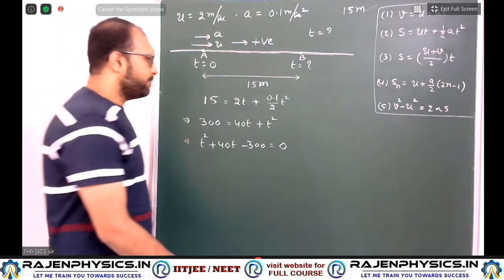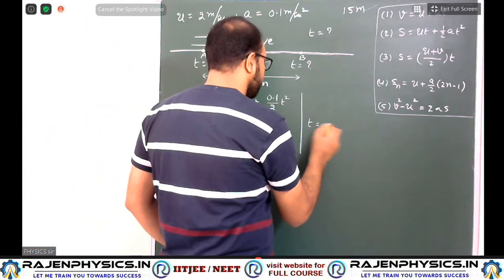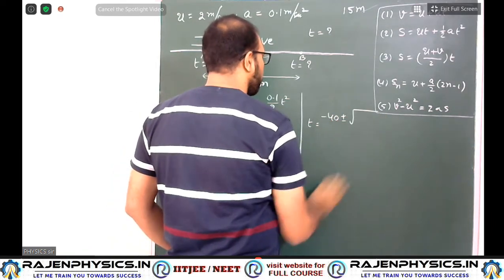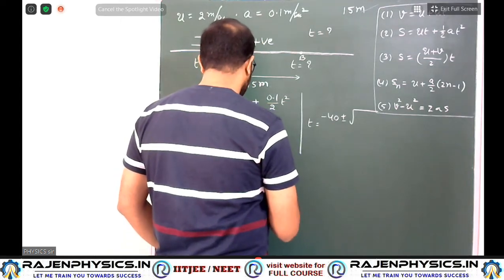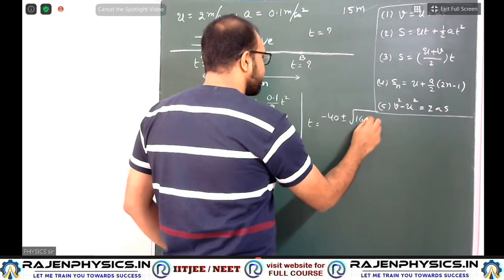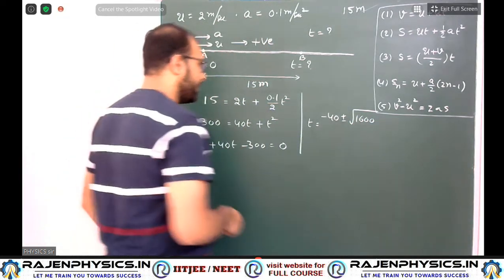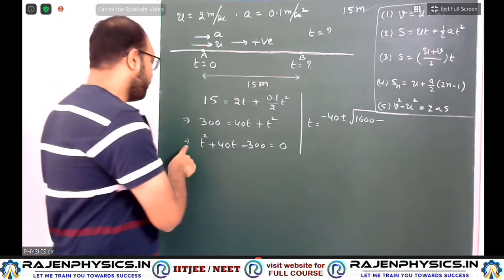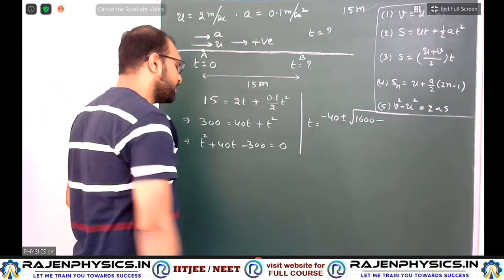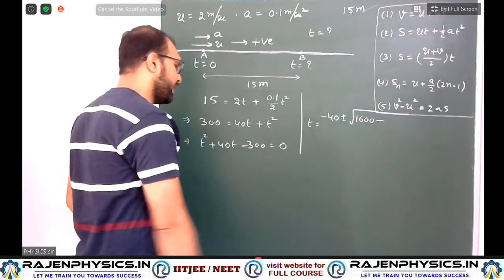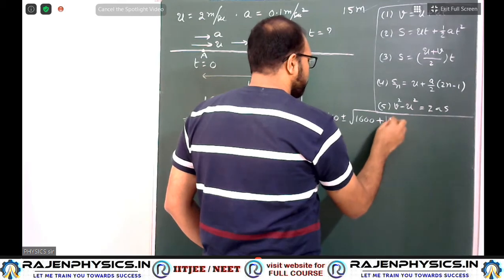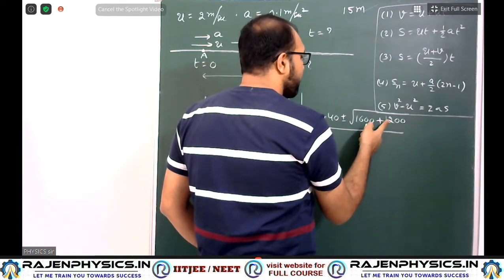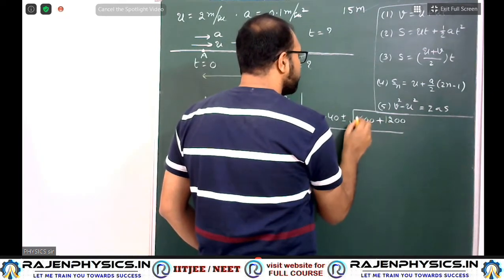Now the quadratic equation. Yes, the solution we know, t equal to minus b, that is minus 40, plus or minus root over b square, that is 40 whole square, 1600, minus 4ac, 4 into a is 1, and c is 300, 4 into 3 is 12, so minus 1200, divided by 2. 1600 plus 1200 is 2800.